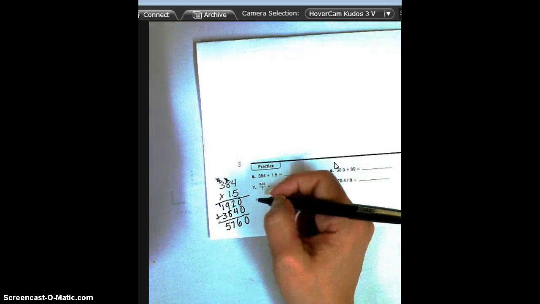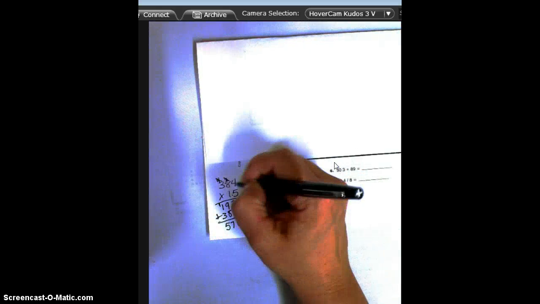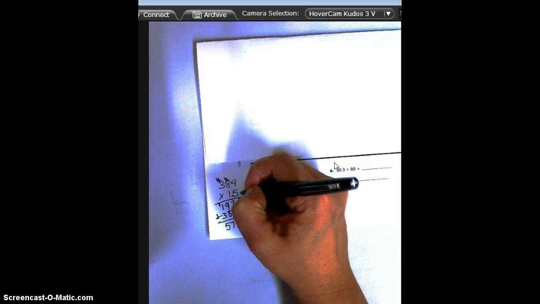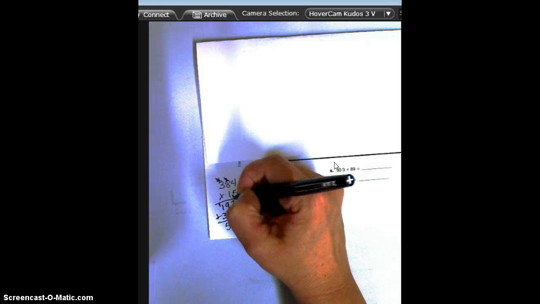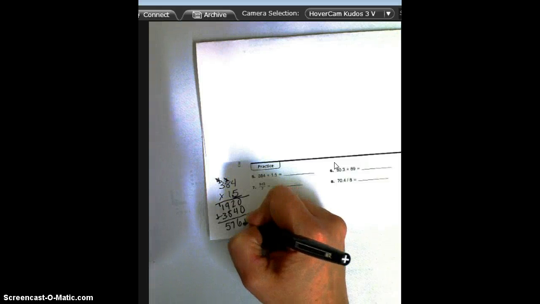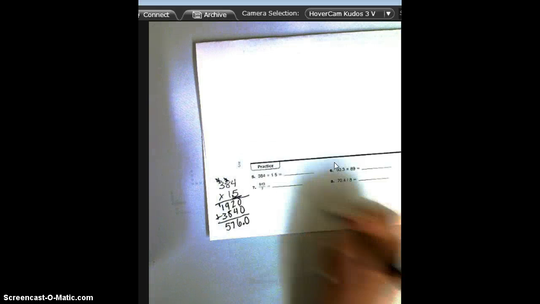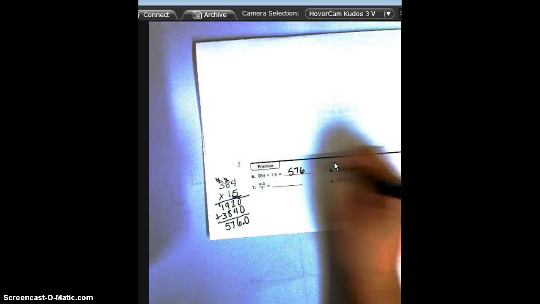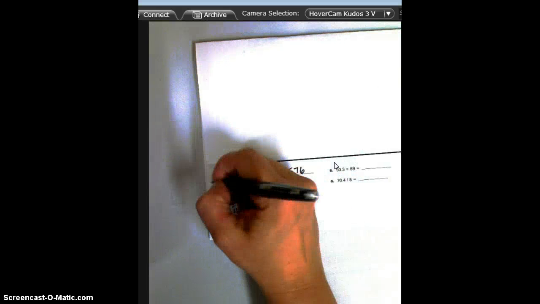And now we need to figure out, in this row we have no decimal places, but here we have one. So we'll put our decimal back here, and just imagine we're moving it over one place because we had one place right there. So our answer for this one is 576. That was number 5.